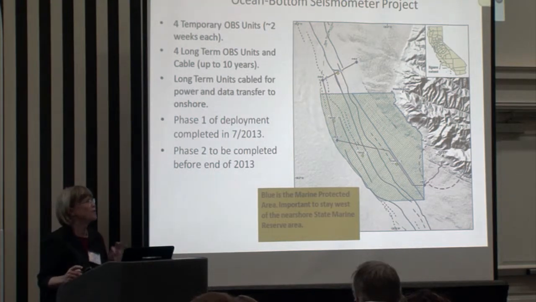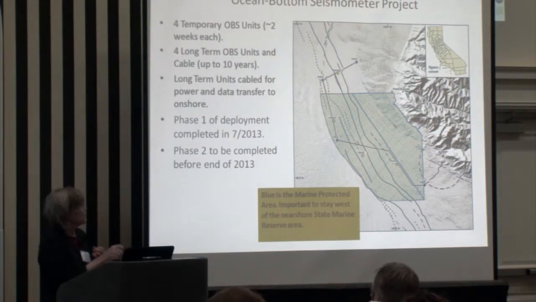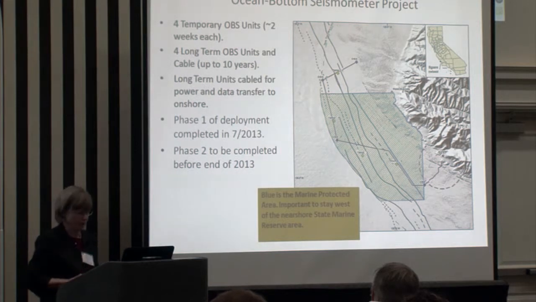So there are a lot of factors that went into deciding, not just trying to capture the Hosgri fault and the shoreline fault. And then in the yellow square, the blue is the marine protected area, and again, it was important to stay to the west of this region in here. They wouldn't allow us to put any cabling or instrumentation at all.